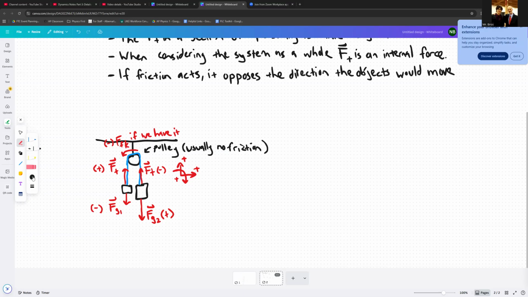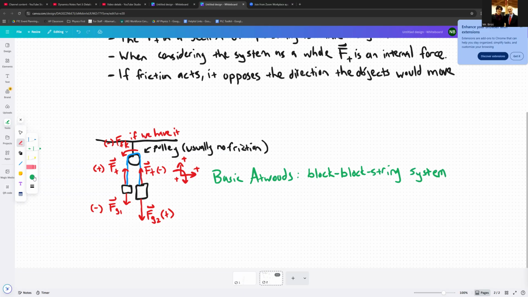So this is just a classic Atwoods machine here, your basic Atwoods machine, and it's thought of as a block string system, or rope or whatever it is. This is often how AP will write it when it comes to systems.